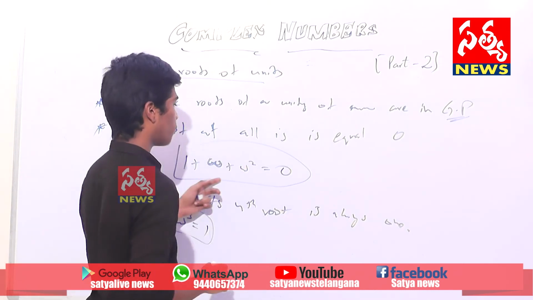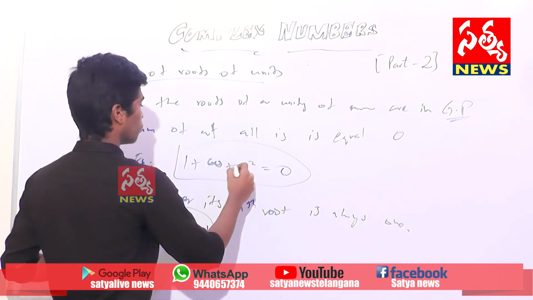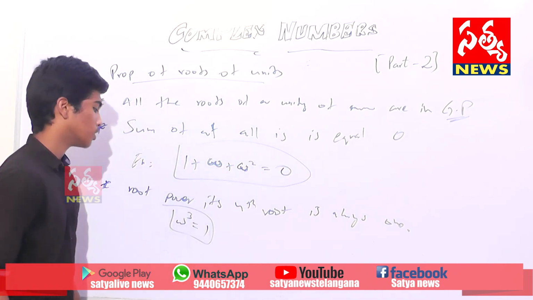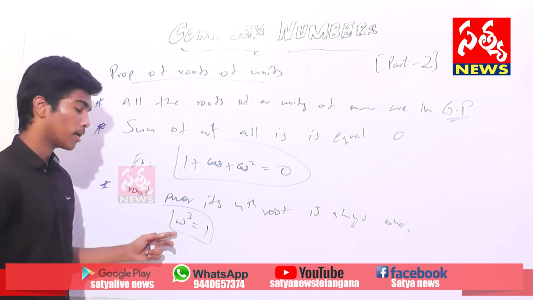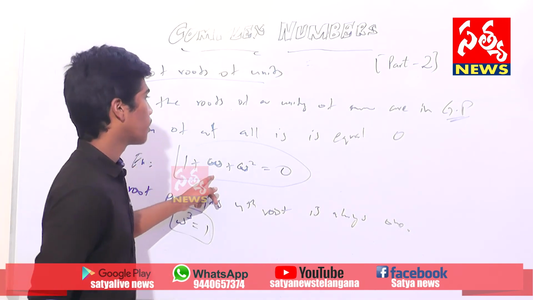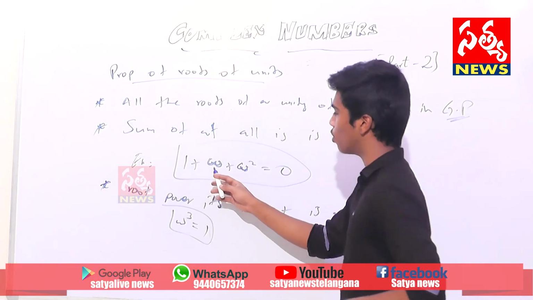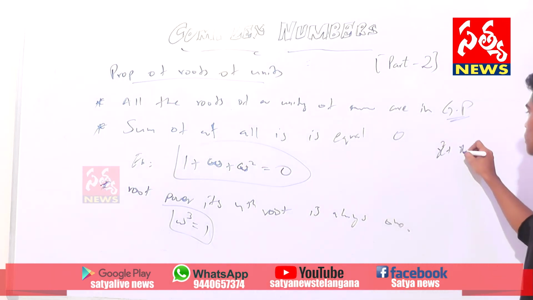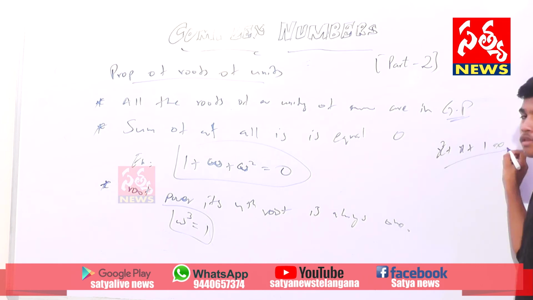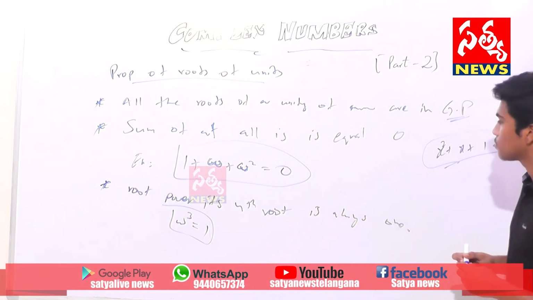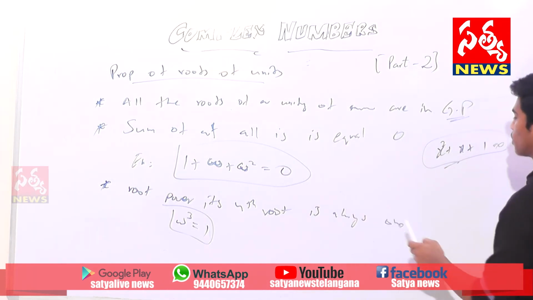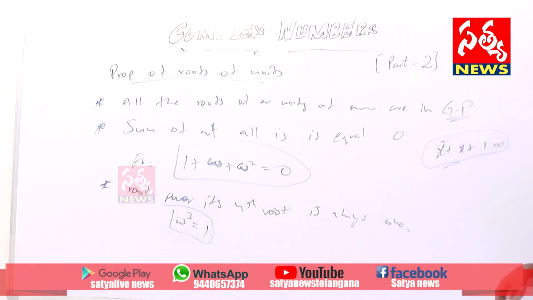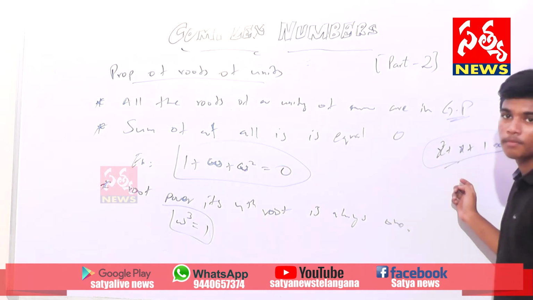These are the two major formulas you must know: 1 plus omega plus omega square equal to 0 and omega cube equals 1. I have said how omega and omega square are derived from the quadratic equation x square plus x plus 1 equal to 0. 1, omega and omega square are the cube roots of unity.